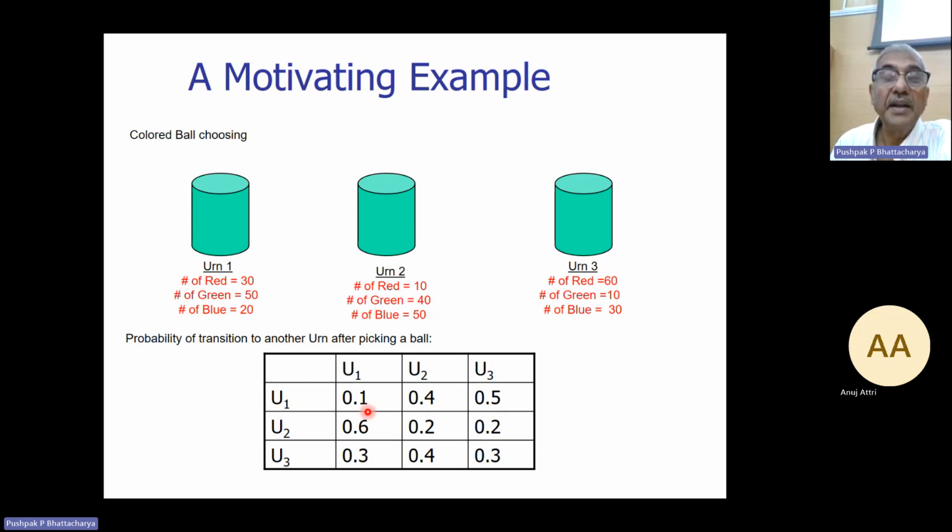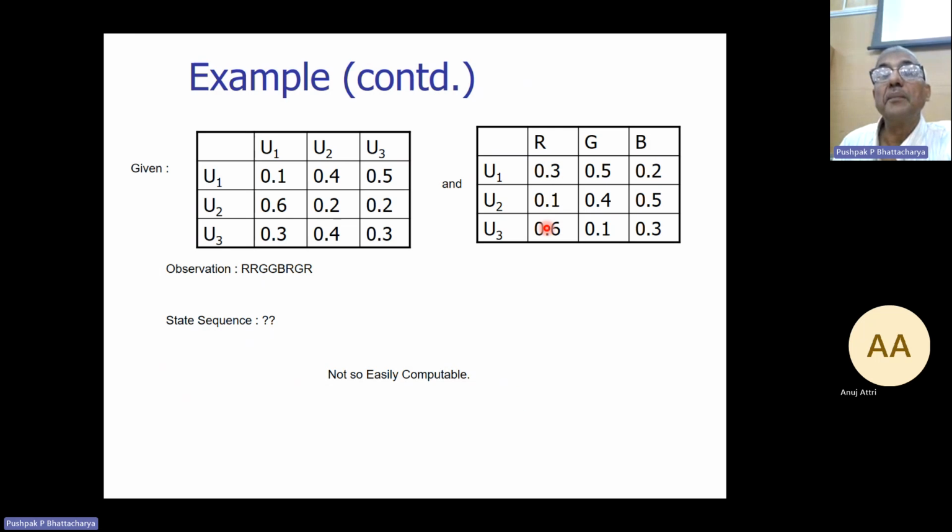I remain in U1 with probability 0.1, go to U2 0.4, go to U3 0.5. And the probability of picking up a particular colored ball is as per the number of balls inside the container. So the probability of picking up a red ball given U1 is 0.3, green ball 0.5, blue ball 0.2.